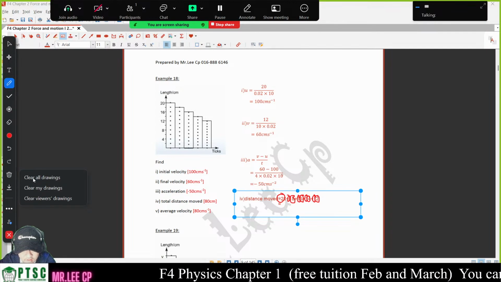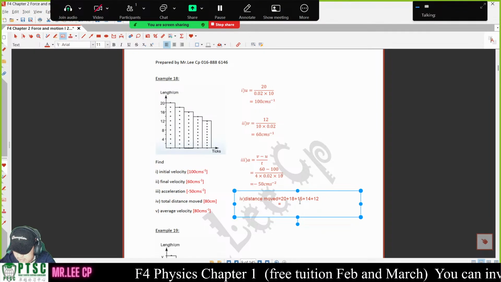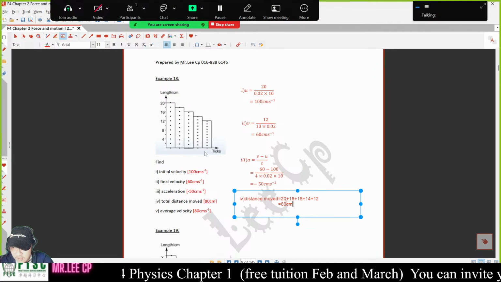Altogether 80. The distance moved is 80.